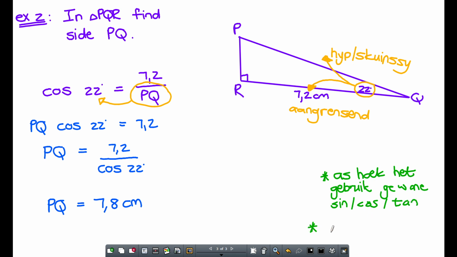And then if we want the angle, then we say shift, sine or cos or tan. Okay. Right, so far we have had the angles, so that's why I'm using normal sine or cos or tan. Okay.